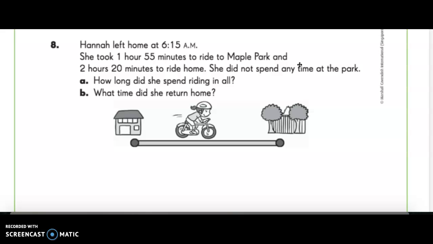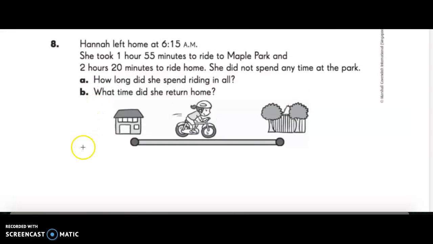She did not spend any time at the park. How long did she spend riding in all, and what time did she return home? So first thing that we need to do is add these times in order to get a total amount of time that she was out of the house.